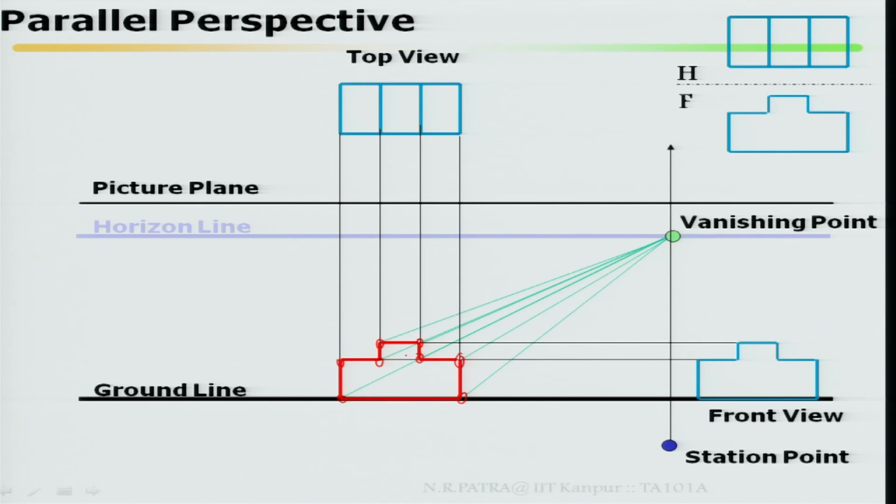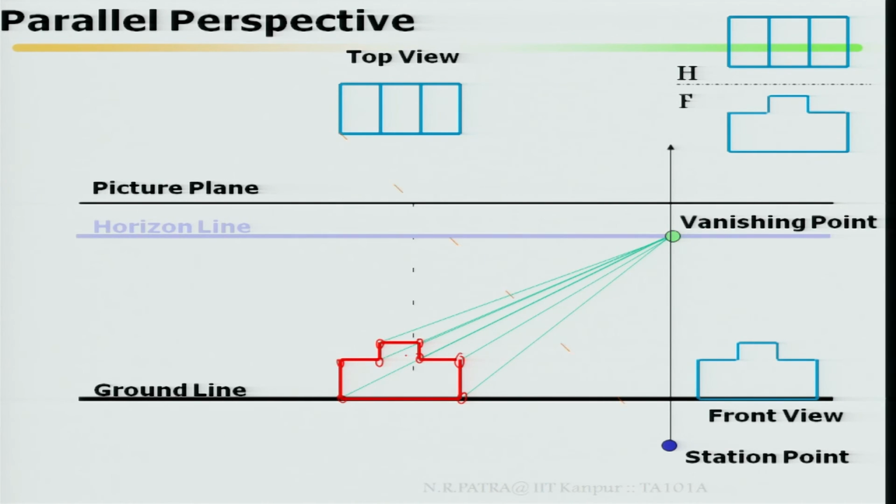Then once it has been joined, from the station point, look at the top view outer edge, because assuming this is touching your picture plane, this drawing is there. If I do not assume that, in this case it is far away.